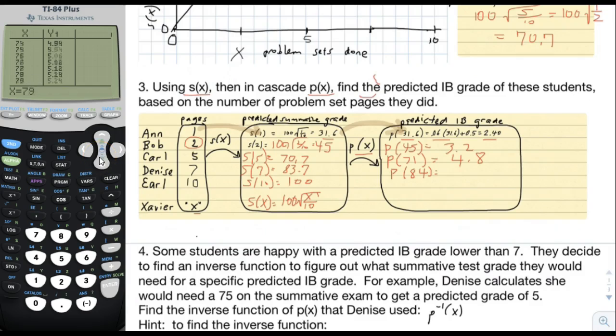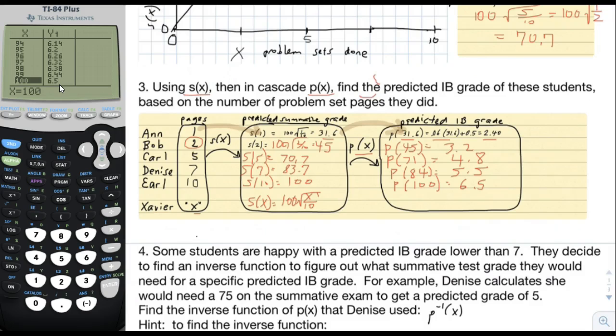What predicted IB grade would that give us? It would give us a 5.5. Okay. What about a summative grade of 100? What would that give us? 6.5. Of course, a 6.5 would round up to a 7, right?